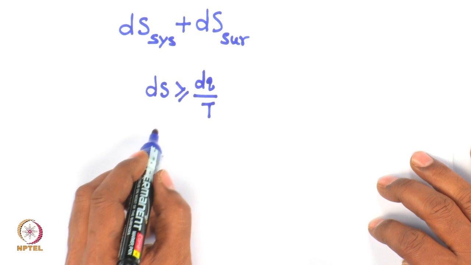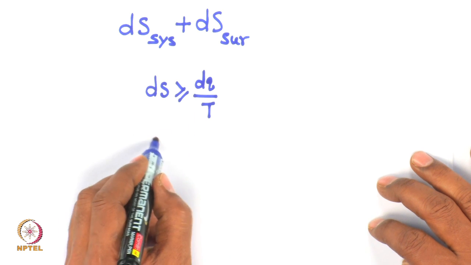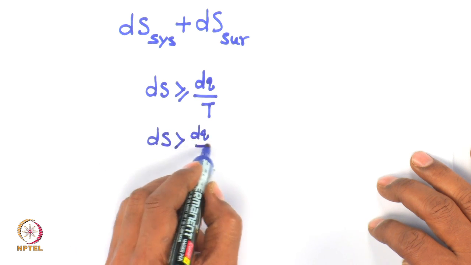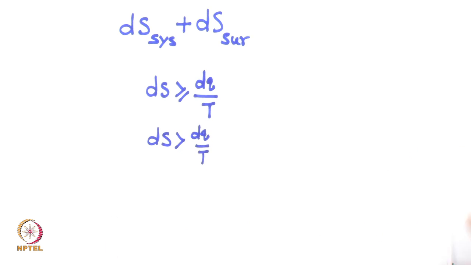So, I will use ds is greater than dq by T. And if you remember, we also demonstrated last time that when a gas expands in vacuum, it is simultaneously both isothermal as well as adiabatic.